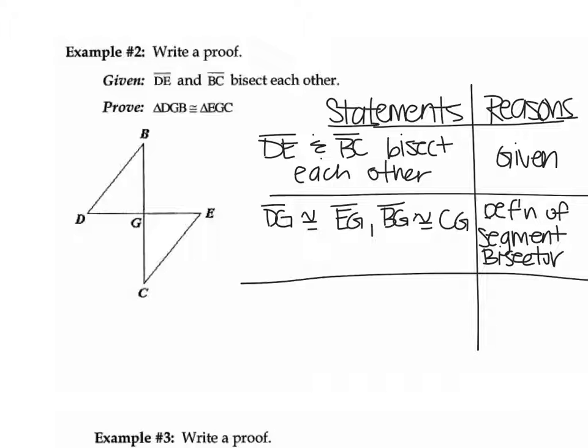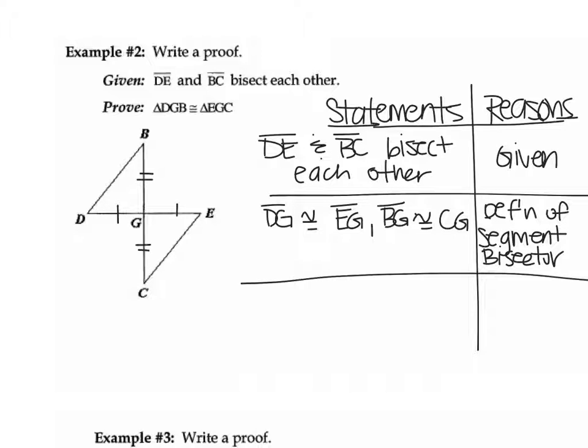So DG and EG are congruent and BG and GC are congruent. Now, in order to use side, side, side, I'd have to know some information about sides BD and EC, which I don't. So I can't use side, side, side here.